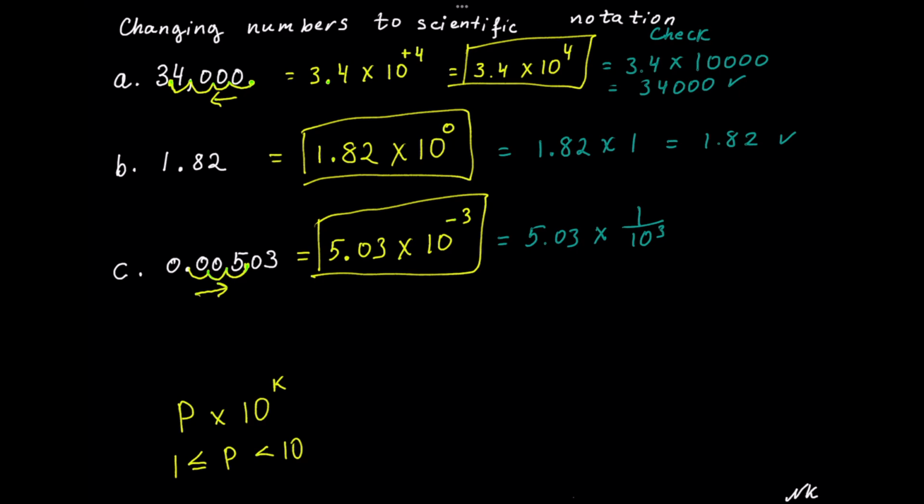This gives us 5.03 divided by 10 to the third, which is 1 followed by 3 zeros. 5.03 divided by 1000, we just move the decimal 3 units to the left and we will get 0.00503 back, and this checks out.